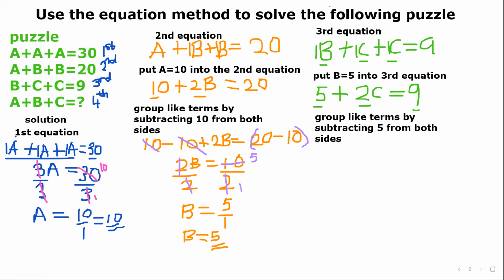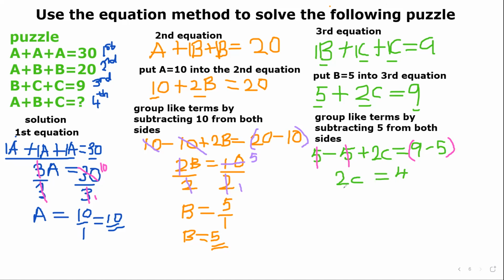Now the equation will be 5 minus 5 plus 2C, and on the other side 9 minus 5. This positive 5 will take out this negative 5, and then you solve for this side. Now we have 2C alone on one side equal to, when you subtract the 5 from 9, 4.